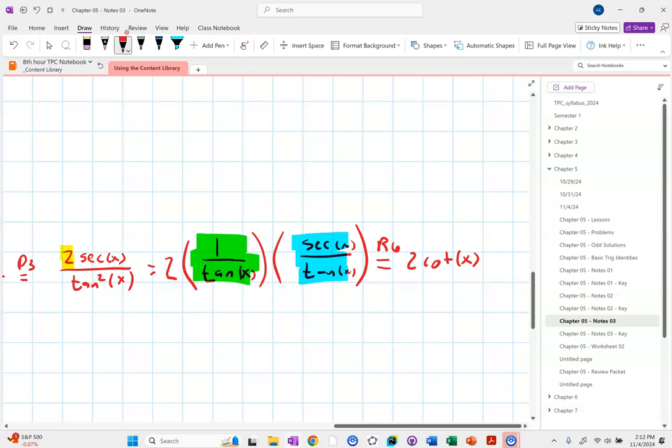What are we going to do to deal with secant over tangent? Secant is 1 over cosine, right? And then the inverse of tangent is cosine over sine, right? Can I pose to you an easier way to think about this? So look at the identities for secant and tangent and see if either of them have a cosecant in it.